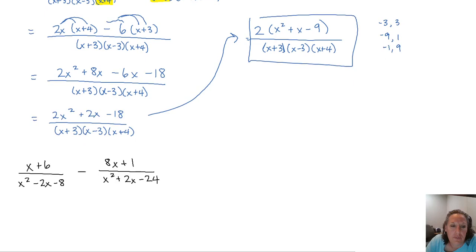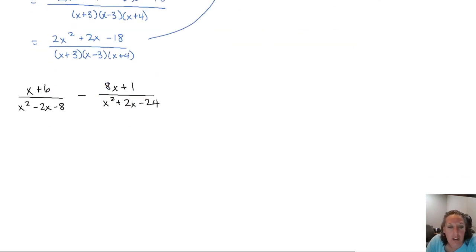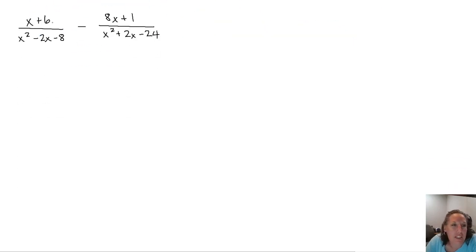All right, let's do another one. Here we have x plus 6 over x squared minus 2x minus 8, minus the fraction 8x plus 1 over x squared plus 2x minus 24. So just like we saw in the last example, we want to factor each of those denominators to help us find our LCD.